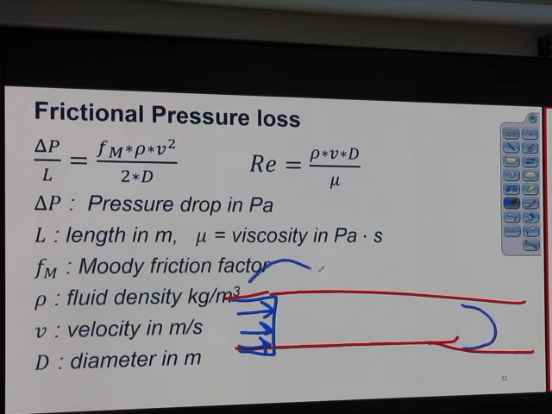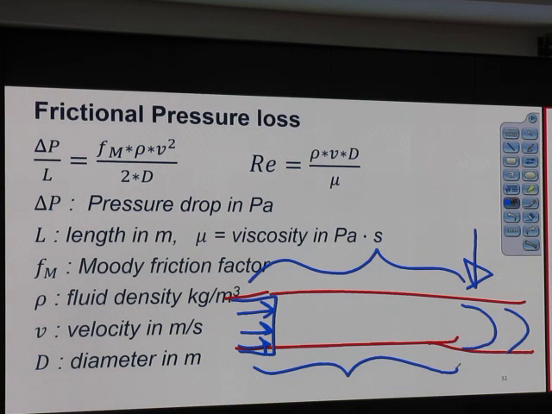It takes some distance, okay, to change that shape of the velocity profile. I mean the radial velocity profile. So some of the energy has to be spent to change the shape. After this point, the shape stays the same. It stays as a parabolic shape. There is no additional energy that has to be spent to change the shape of the velocity profile. Okay, so this part is likely to have more pressure drop.